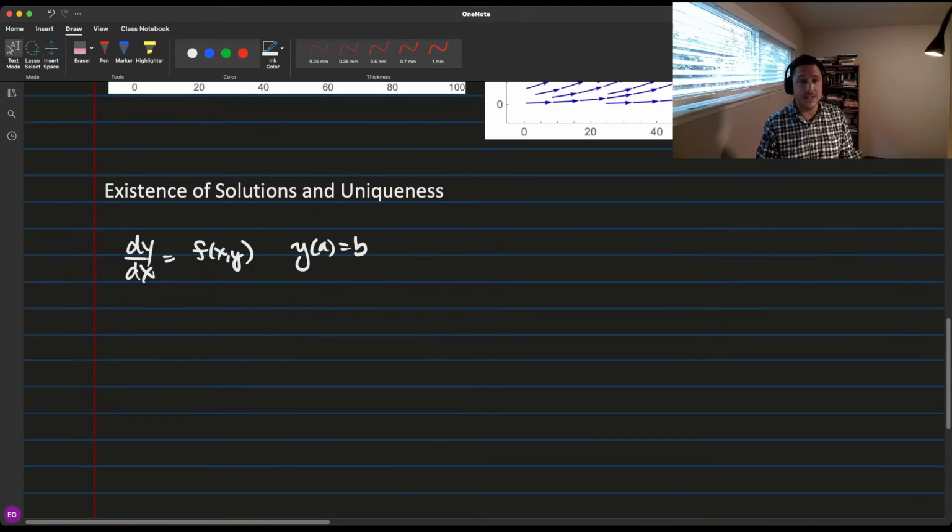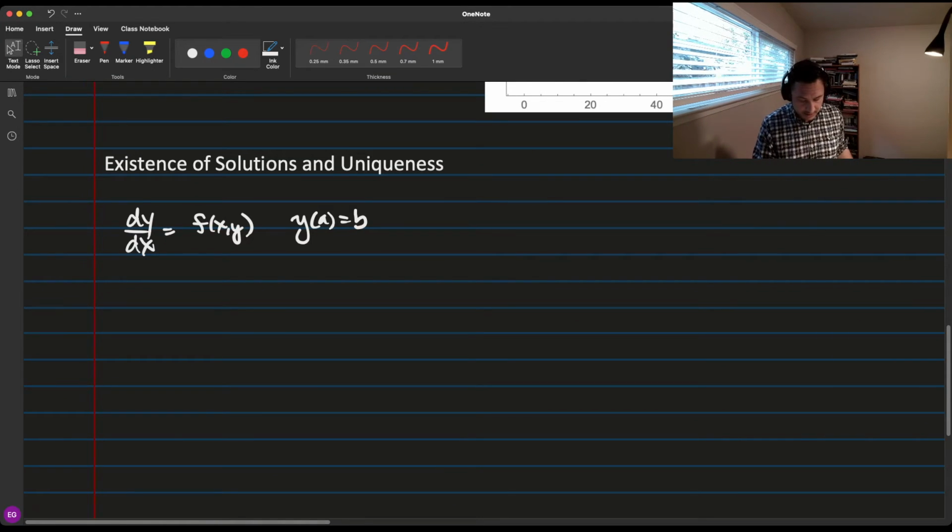Okay, so there's a theorem which actually tells you this, and it's called the existence and uniqueness of solutions theorem.